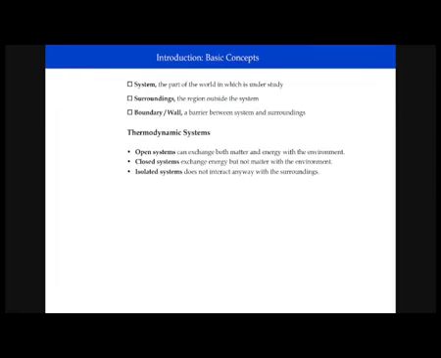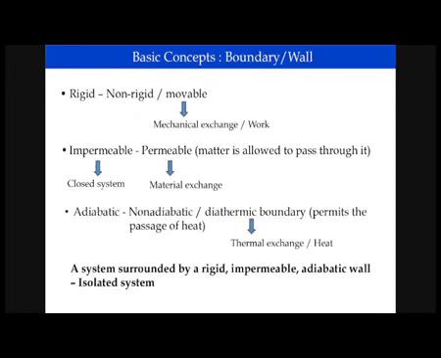In the last class we talked about systems, surroundings and boundaries, the world. We talked about different systems: open system, closed system, isolated systems. And we talked about different types of boundaries: rigid, non-rigid, movable, impermeable or permeable, adiabatic or non-adiabatic. If you have a movable boundary, then exchange of energy as work is possible between system and surroundings.